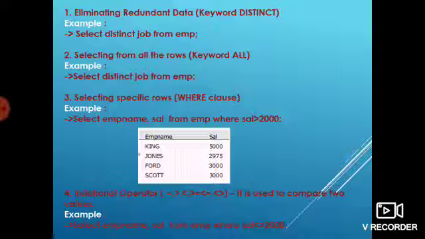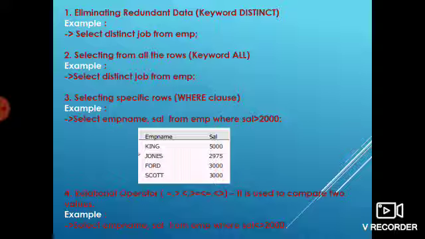Now all the examples are taken from your book only. There are n numbers of queries you have to go through carefully. Number first one, eliminating redundant data. That means any duplicate data, if it is there, you can restrict that with the help of the distinct keyword.